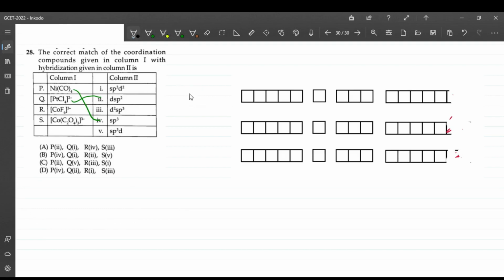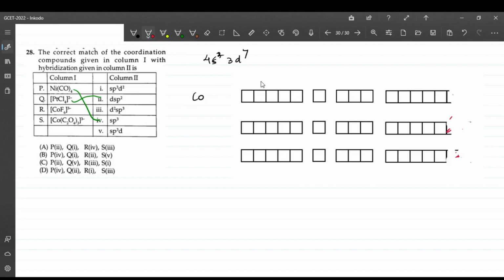So CoF6. So cobalt's electronic configuration. Cobalt's, that is scandium, titanium, vanadium, chromium, manganese, iron, cobalt: 4s2 3d7, right? So this is the configuration. So here there will be how many electrons?